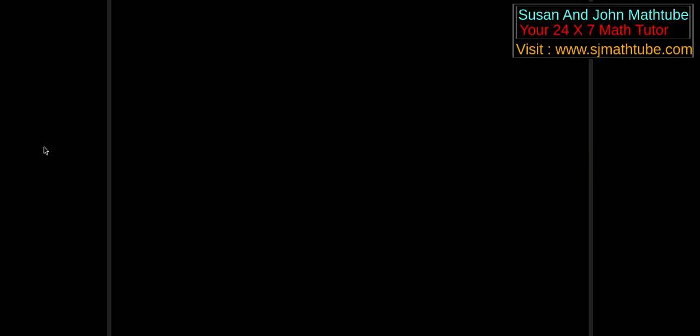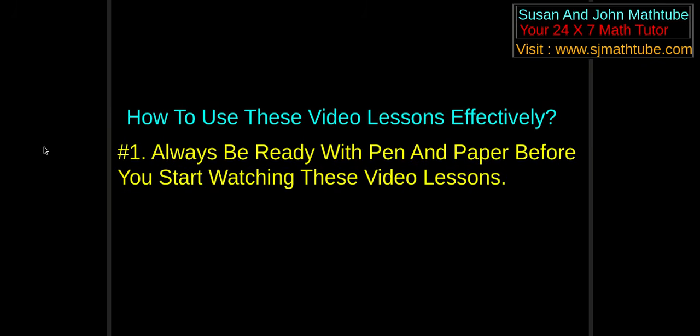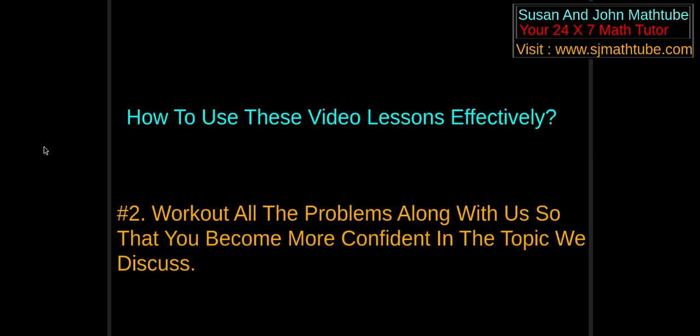And as always, the 5 important points to make the video lessons effective. Point number 1 is the most important point: make sure you're ready with a pen and paper so that you can work out all the problems along with us. That makes you very confident.